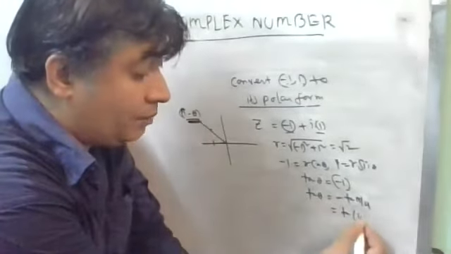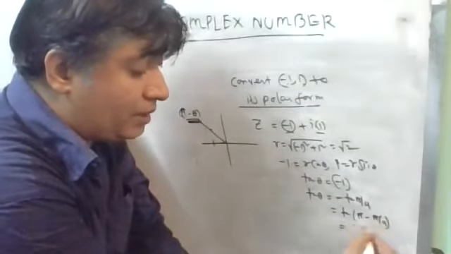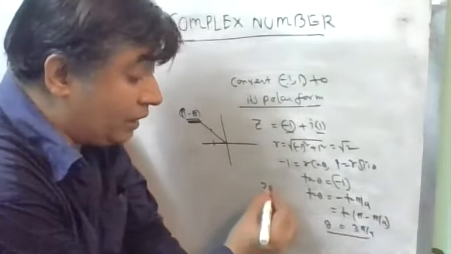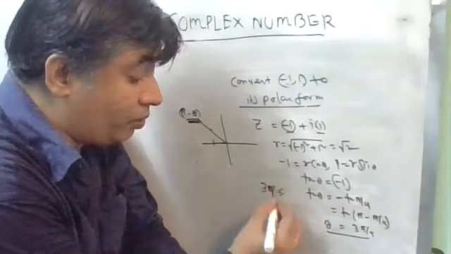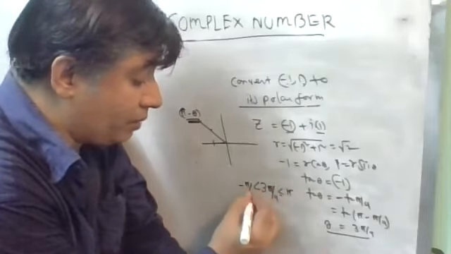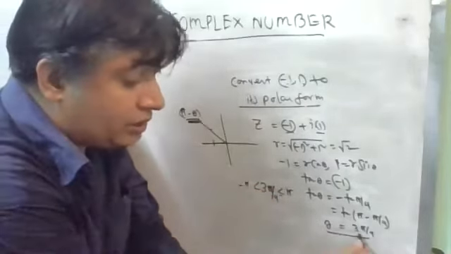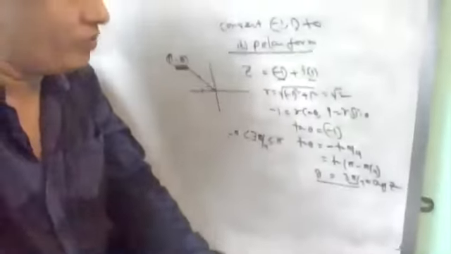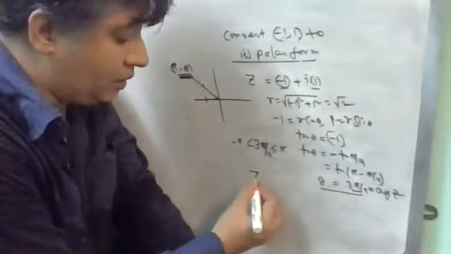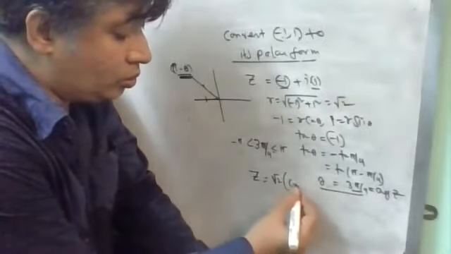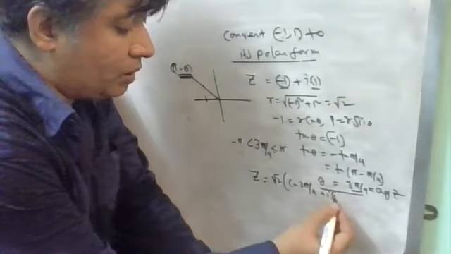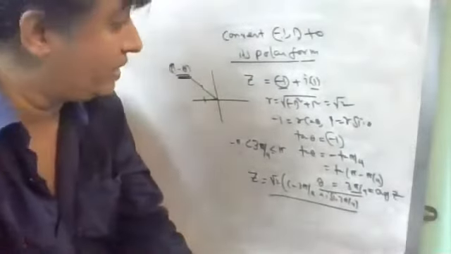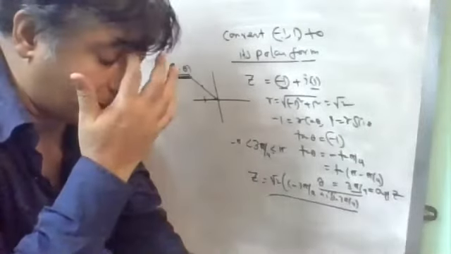So you can write pi minus pi by 4, that means 3 pi by 4, as theta. 3 pi by 4 lies between pi and minus pi, so this is the argument of z. So we are able to convert it to the polar form: z is equal to root 2 times cos 3 pi by 4 plus i sin 3 pi by 4. So this is one important part of conversion from Cartesian to polar form we are taught.